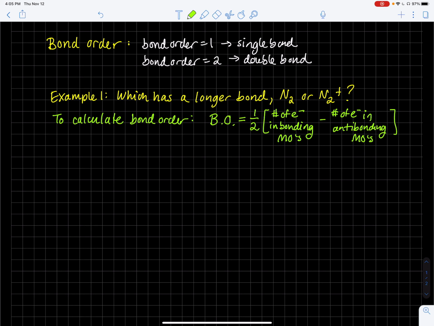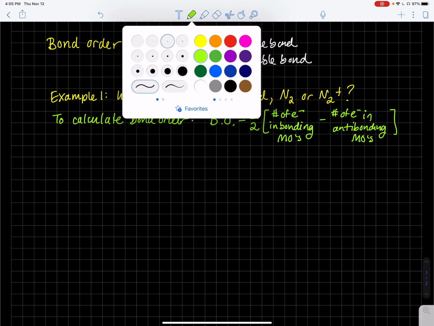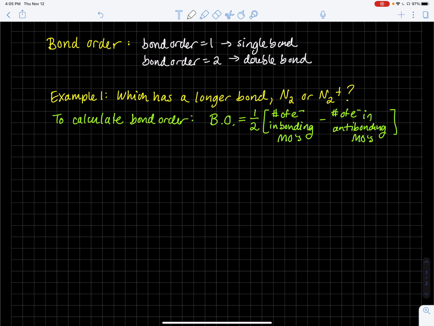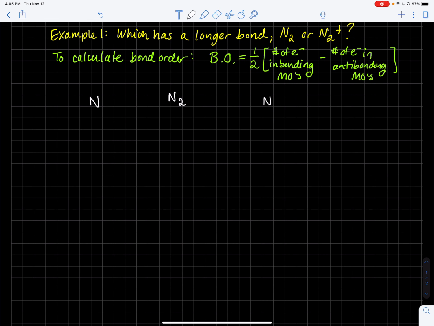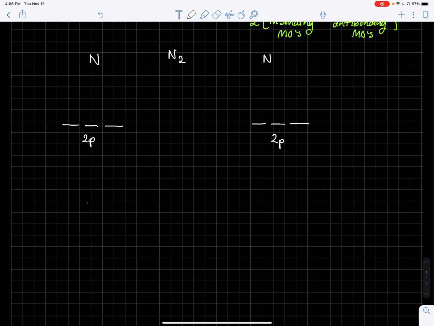So to use this formula, we need to see where our electrons are. And even though we did N2 on the last video, I'm just going to do it for you again. Remember, in our correlation diagram, we have N on the sides, and we have N2 in the middle. We have at higher energy our nitrogen atom 2p orbitals, and at lower energy, we have the 2s orbitals.